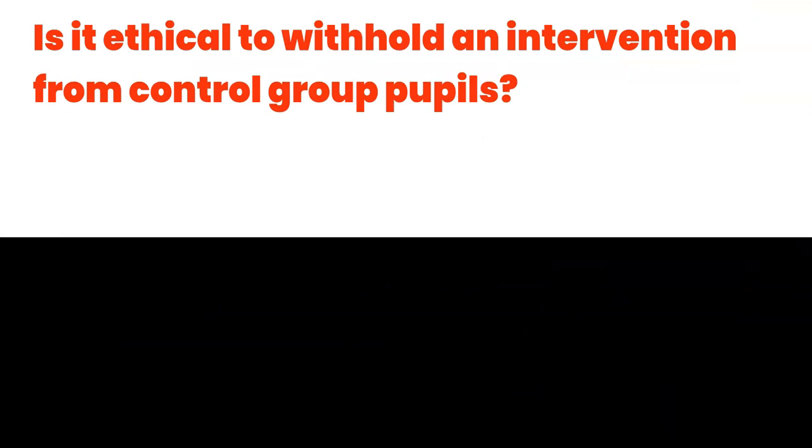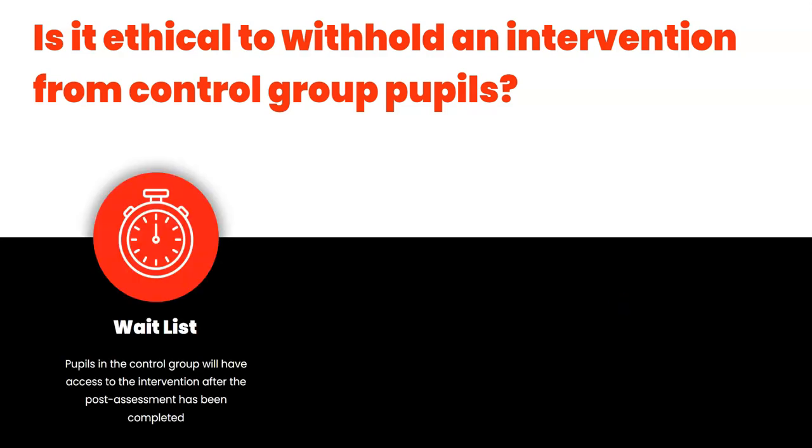One question we get asked is it ethical to withhold an intervention from the control group pupils? Well, we always use a waitlist design, so the pupils in the control group will have access to the intervention after the post-assessment has been completed. And the question that we always throw back is it ethical not to test something to make sure it works before it's given to the students?